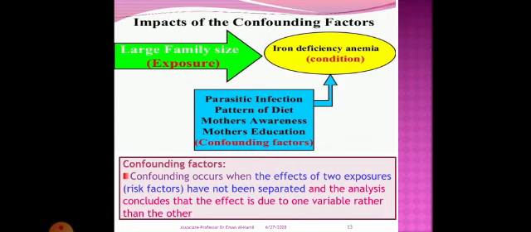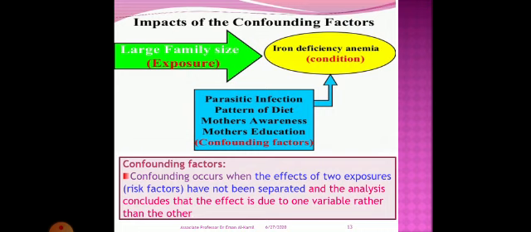So for example, if we want to study the association between iron deficiency anemia and large family size. We want to study the association between family size and iron deficiency anemia.